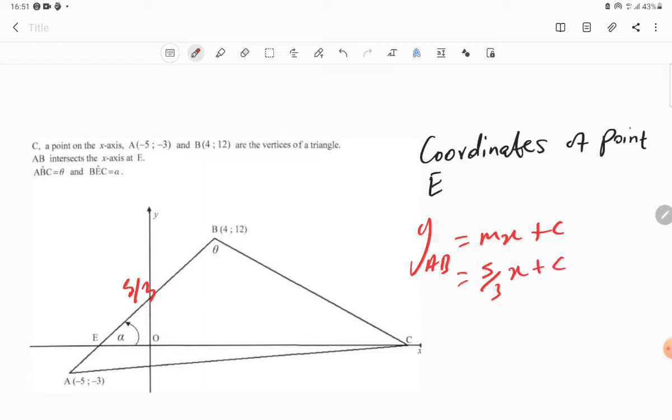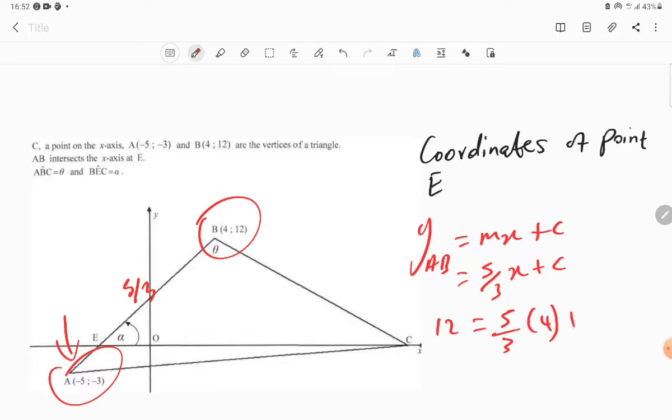We can use either of these coordinates, but I hate negatives, so why don't I just use the coordinates of B? In the place of y, I will put 12. In the place of x, I will put 4. Then c is c.